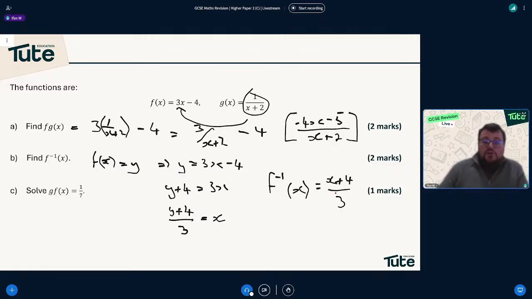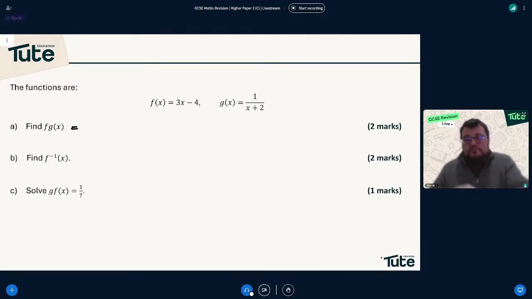Okay, solve now. g of f of x. So we know we're going to have to put f of x into g.